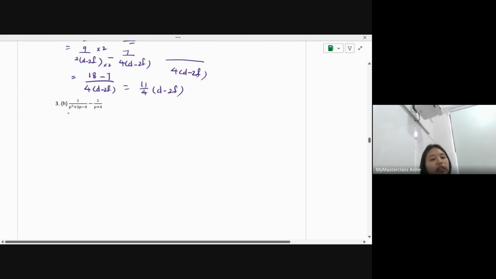This again, same thing here. Factorize, do the factorization as much as possible. (p plus 4)(p minus 1), minus 1 over p plus 4. Can you see? Got this already. Easy, just make it into times (p minus 1).